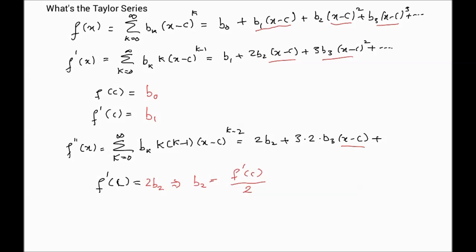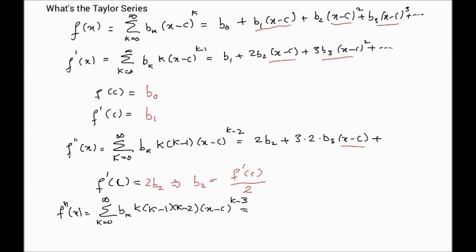Let's move on and calculate one more derivative, the third one. It shouldn't be very difficult to calculate this. We have k into k minus 1 into k minus 2, times x minus c to the k minus 3.